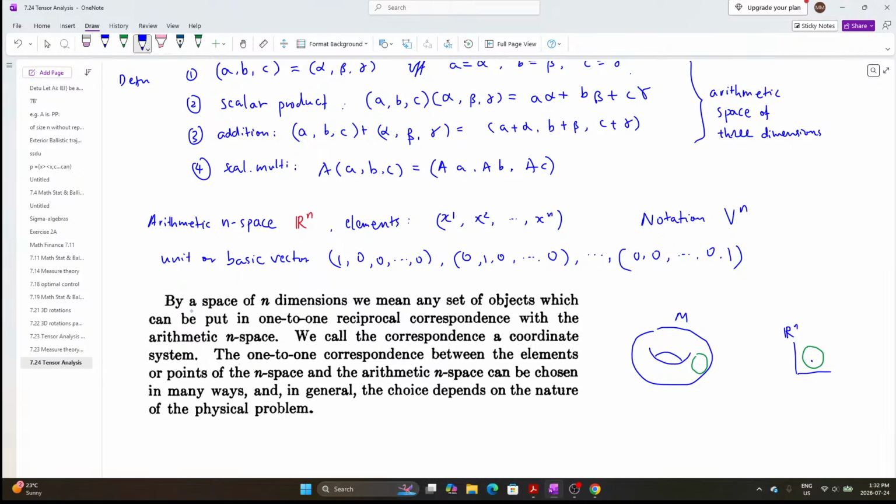So here, the first sentence says, by a space of n dimensions, we mean any set of objects which can be put in a one-to-one reciprocal correspondence. Reciprocal probably means bijective. This part of the text requires a little translation into modern terms.